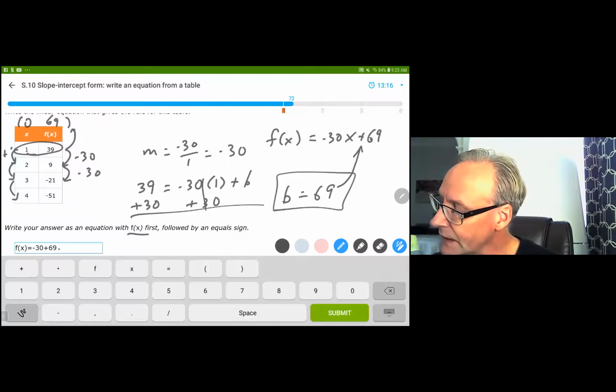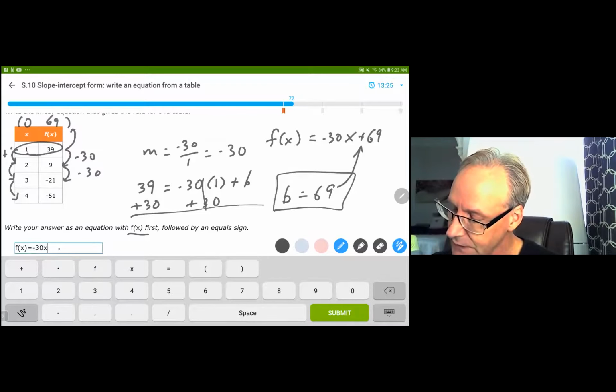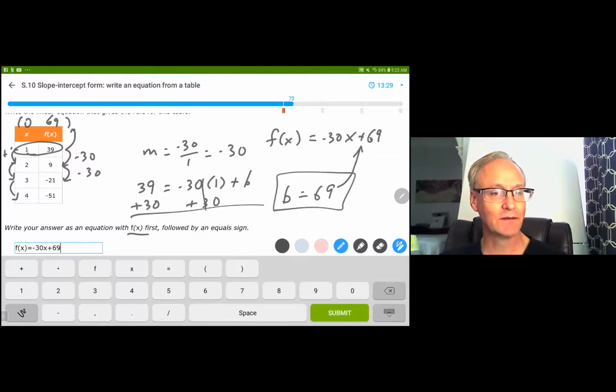Oh, 30x, duh. And I almost messed that up. Sorry, guys. Negative 30x plus 69. Now we got it. If you didn't put the x in there, of course, what would happen is that you would have a constant function and it wouldn't be very interesting at all.